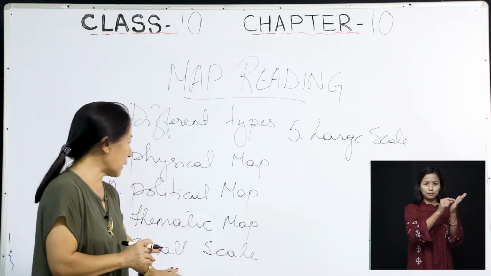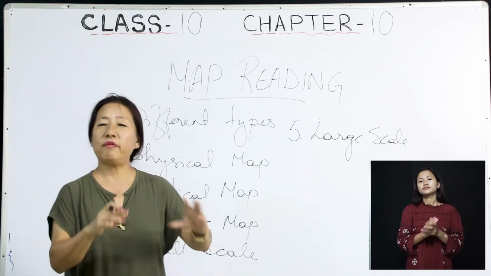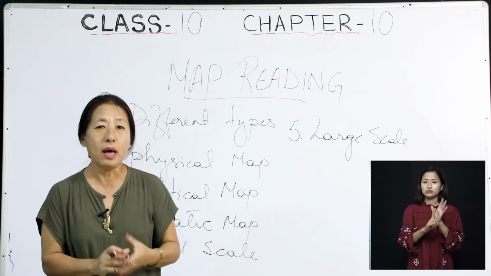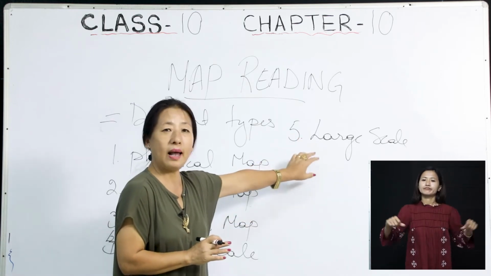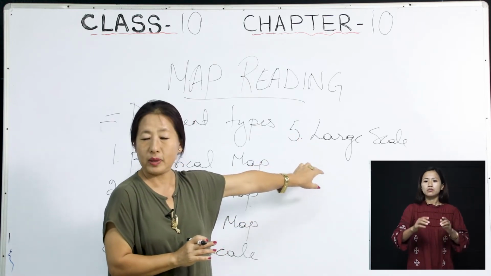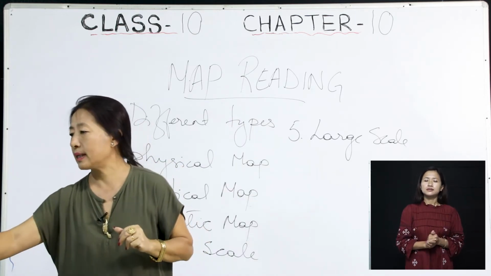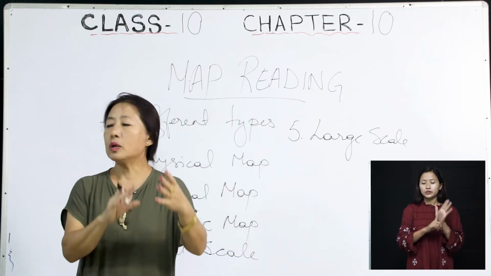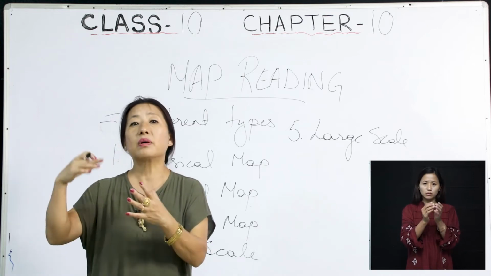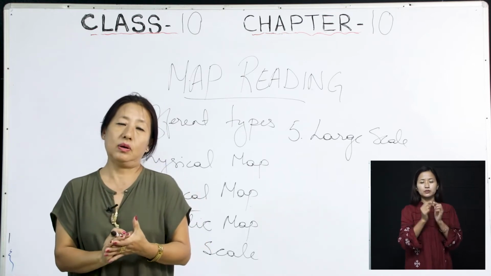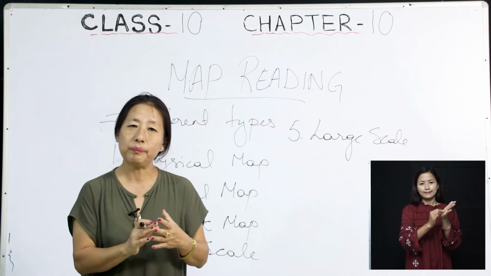So small scale map shows very large areas, got it? But when you come to this large scale map, it is just the opposite, as I've said. Large scale means it shows small areas in greater detail. Got it? So I hope that's clear with you.